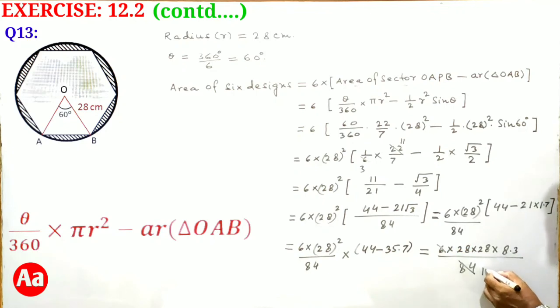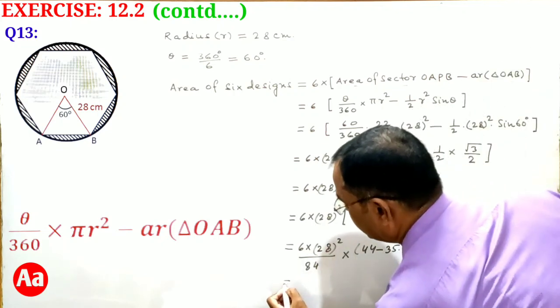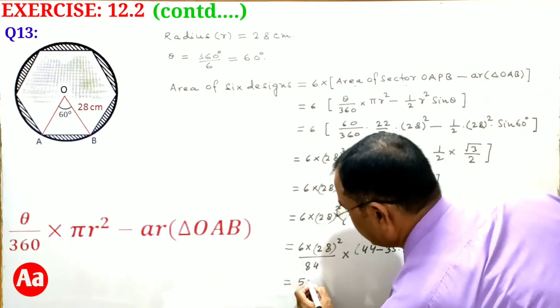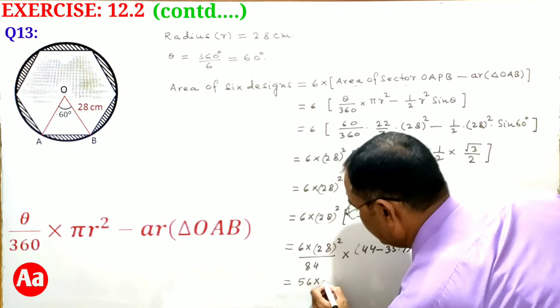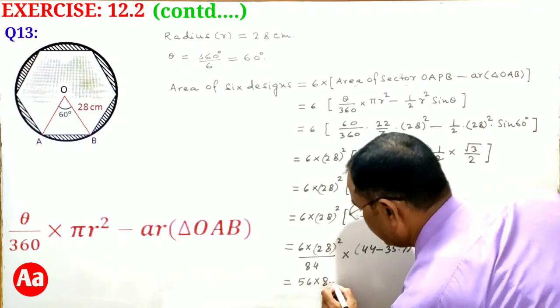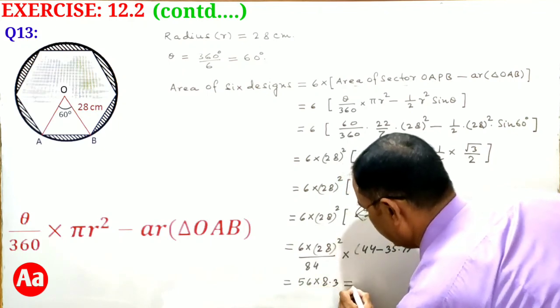6 14 times 84, and 14 twos are 28. So 56 into 8.3 we are getting. 56 into 8.3.